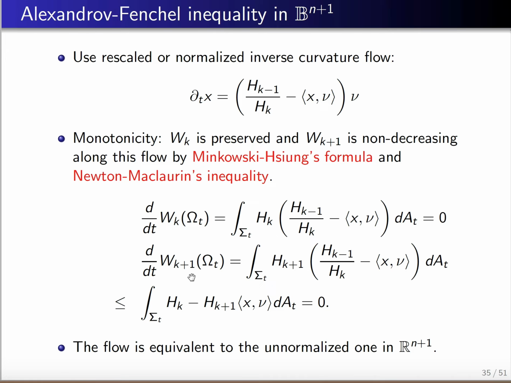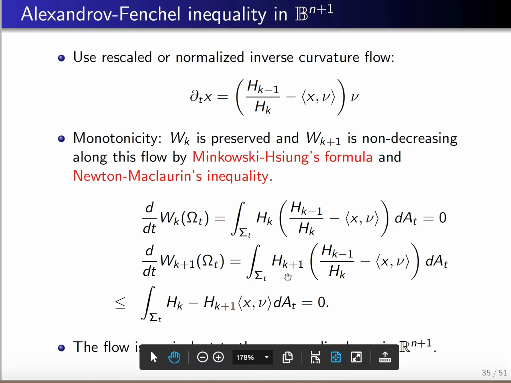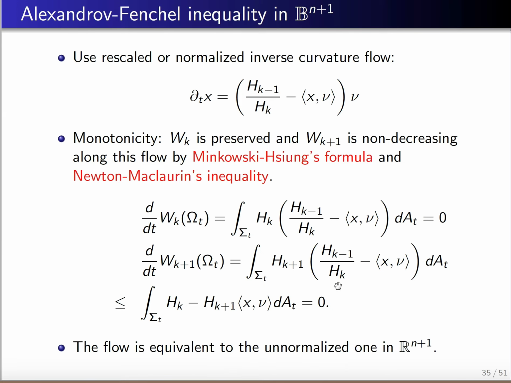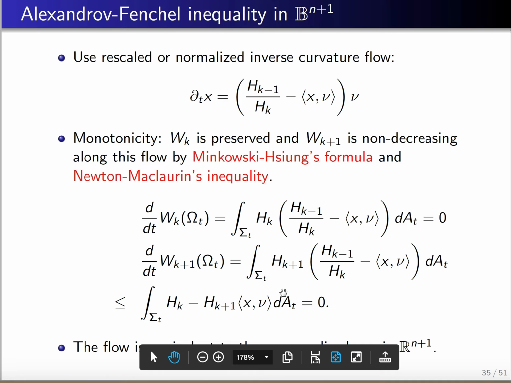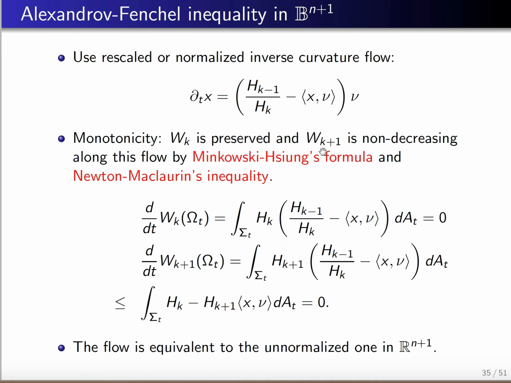And for W(k+1), the first variation gives you h(k+1) times the same speed, and then by using the Newton-Maclaurin inequality, you see this is less or equal to the integral of hk minus h(k+1) times the support function, which is 0. Here we see that Wk is preserved and W(k+1) is non-decreasing.